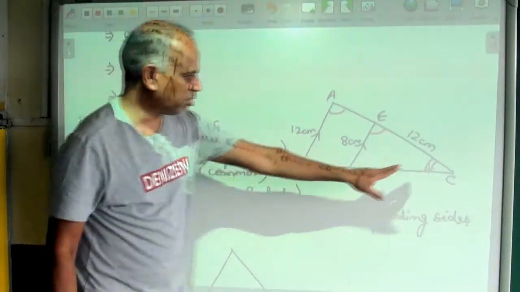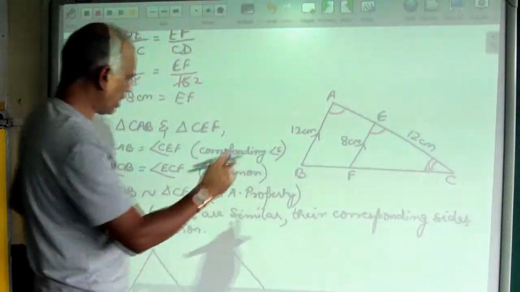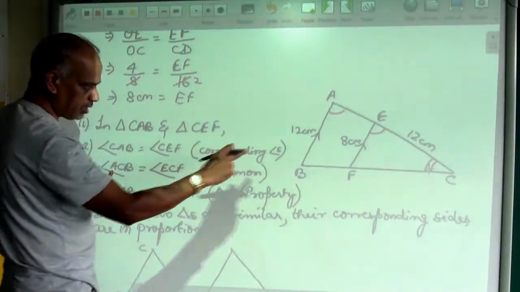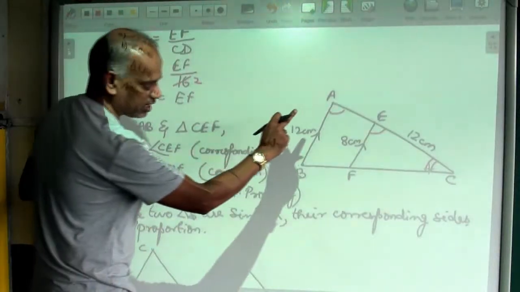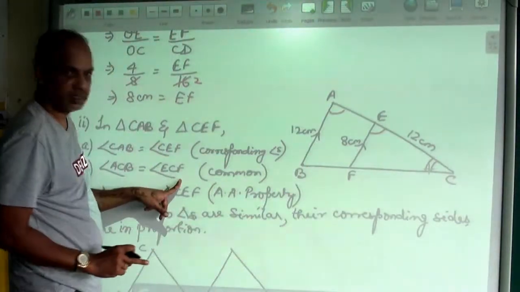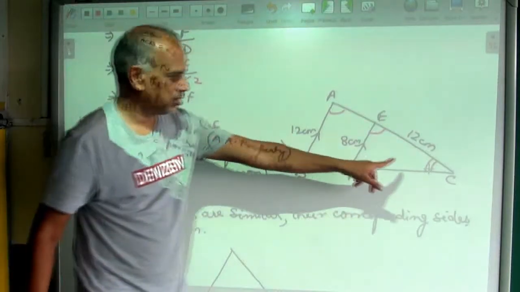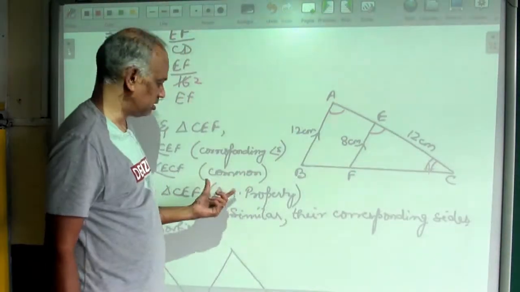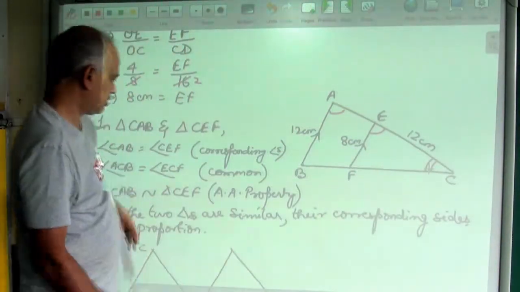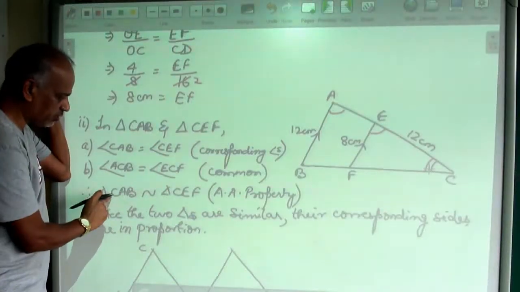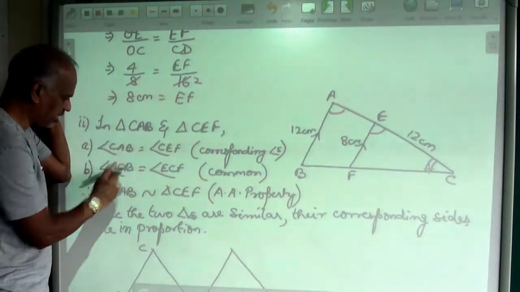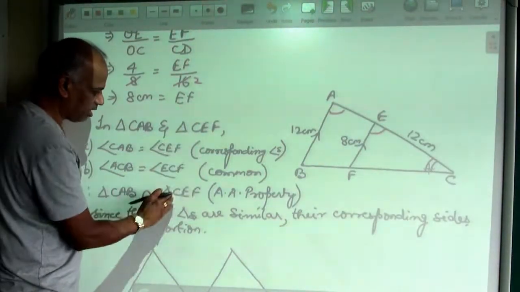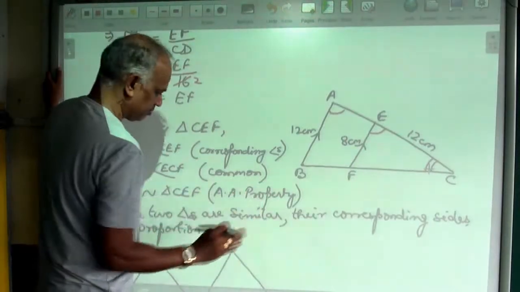The second one is about this. For the biggest one, it is ACB, and for the smaller one, it is ECF. Why? This is the same in both, it's the common angle. So two corresponding angles are equal, therefore the two triangles are similar. Triangle CAB is similar to triangle CEF by AA property.